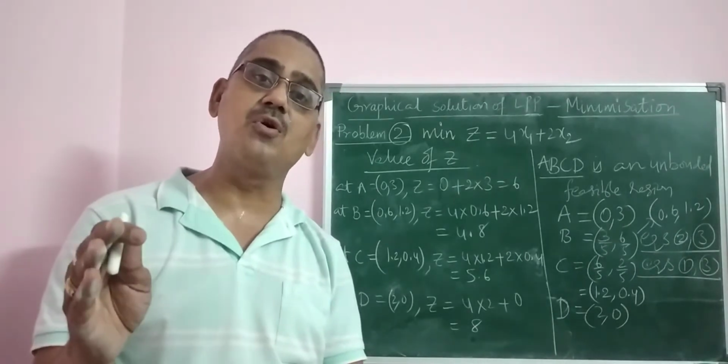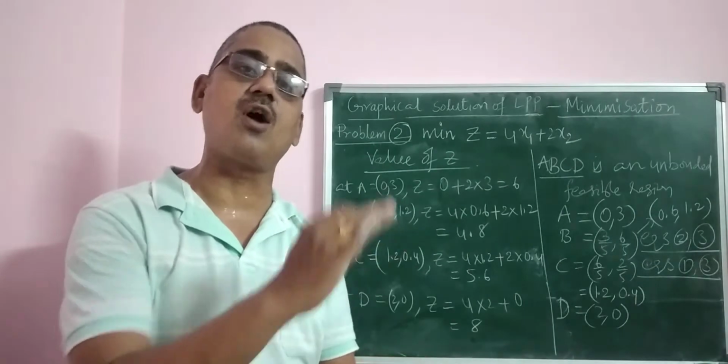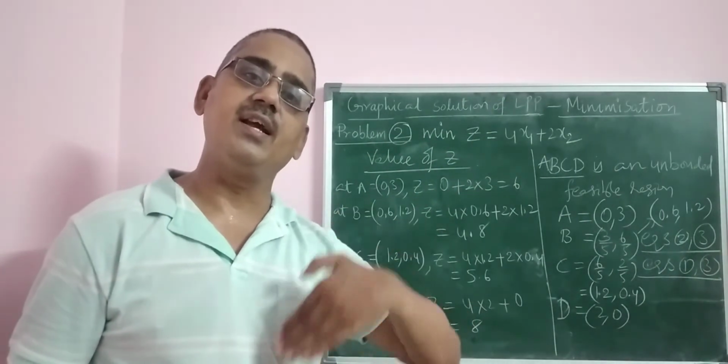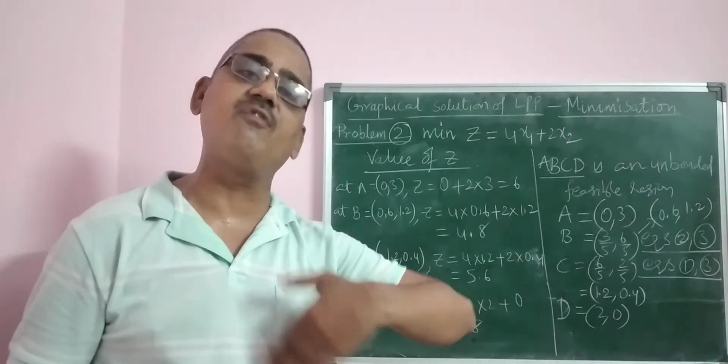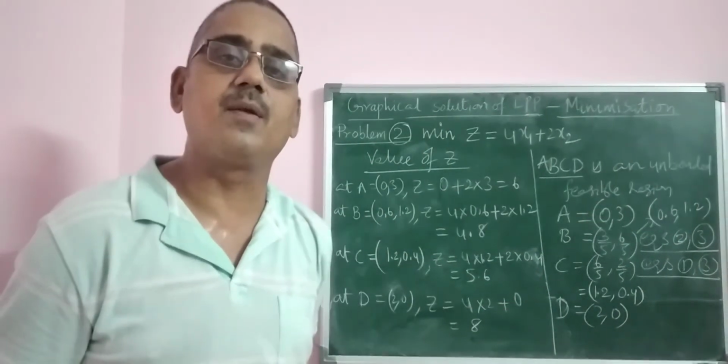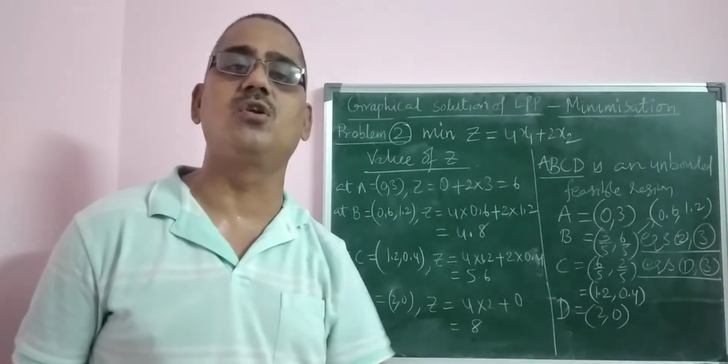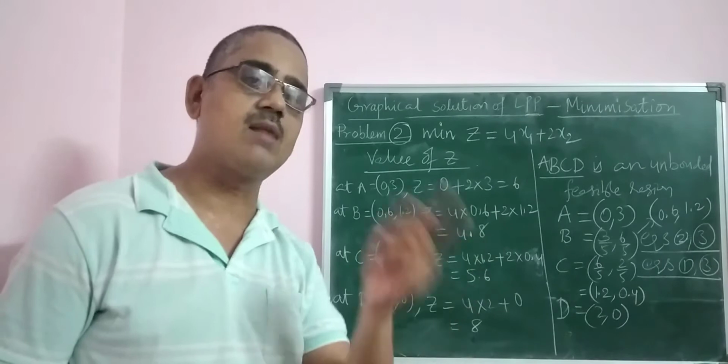Such a solution is called an unbounded solution, where the value increases indefinitely. If you have a solution, then it is called an unbounded feasible solution.